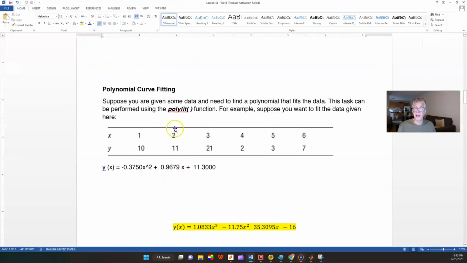So in some experiment you did in the lab, x represents the independent variable that you are controlling. For example, if x represents time, so 1 second, 2 seconds, 3 seconds, and let's say y is the electric current you are measuring. So maybe at 1 second you measure 10 amp, after 2 seconds you got 11 amp, and so on.